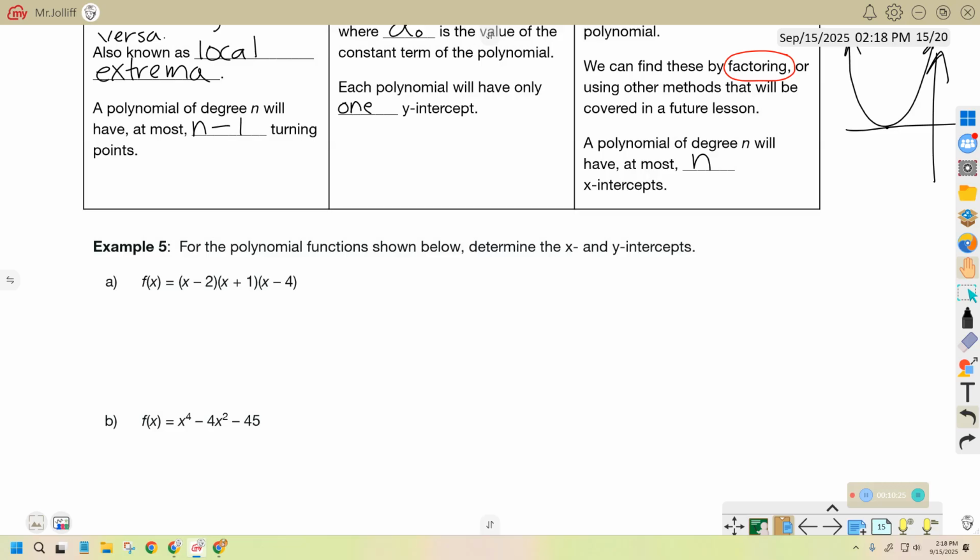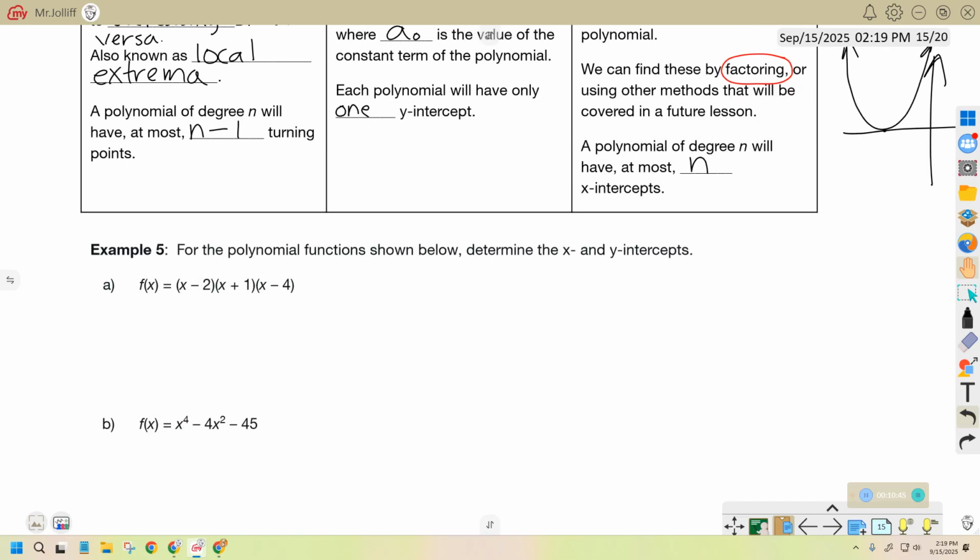So the first example says, for the polynomial function shown below, determine the x and y intercepts. So I'm just doing the last two boxes, x and y intercepts. I'm going to start with y-intercepts first because they're usually pretty easy. So how do I find my y-intercept?